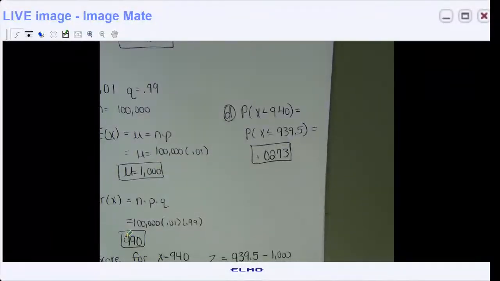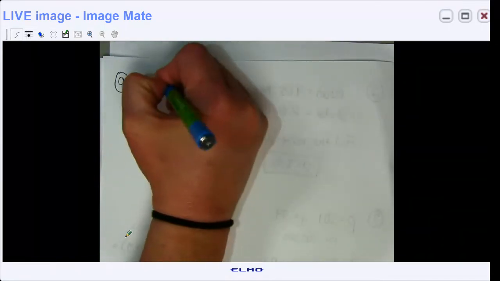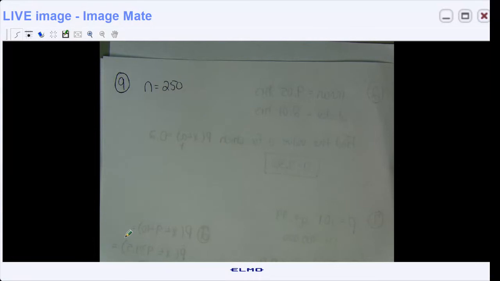So my number 9 says, according to a study, the median time a patient waits to see a doctor in an emergency room is 30 minutes. Consider an emergency room on a day when 250 patients visit. So right away, I know my sample size is 250.